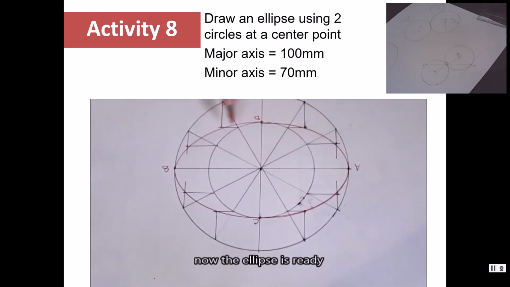So at the end, you get an ellipse. This is one of the methods to draw an ellipse. There are a few other methods that we can use in order to draw an ellipse. You can find them on the internet. Okay, so that's about it.